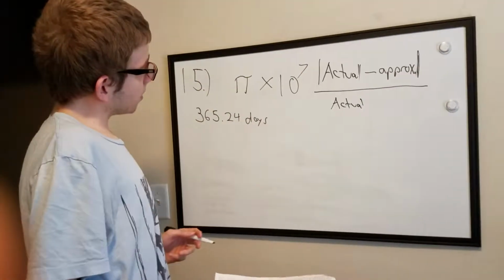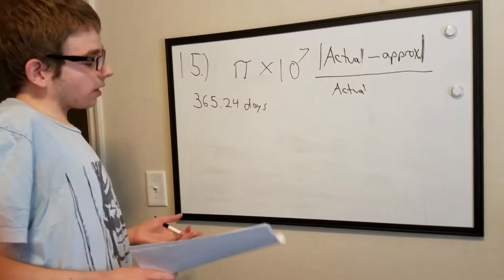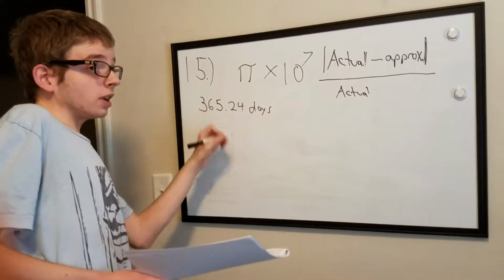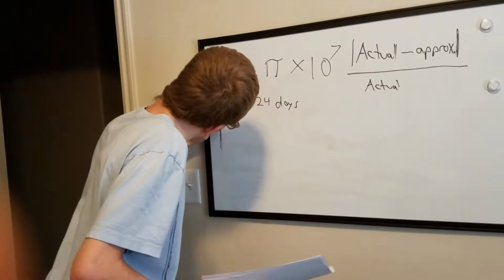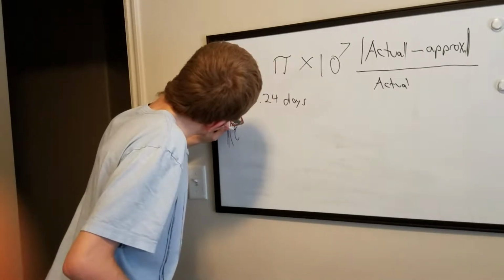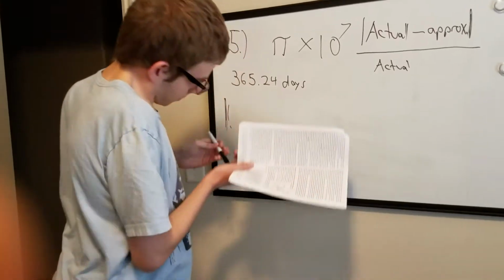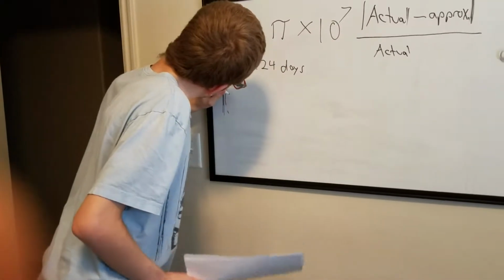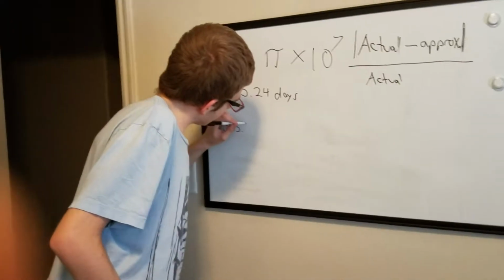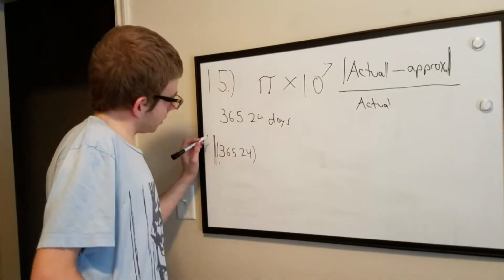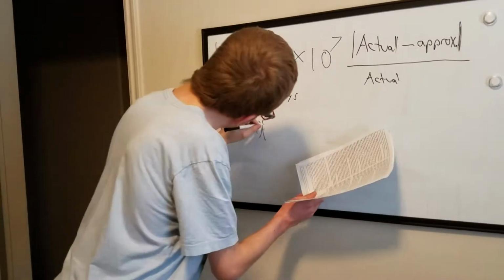We still have to do a bit more math beforehand. First we have to figure out the actual value, how many seconds there are in a year. We can do that because they gave us this number here. We have 365.24 days in a year times 24 hours in one day.